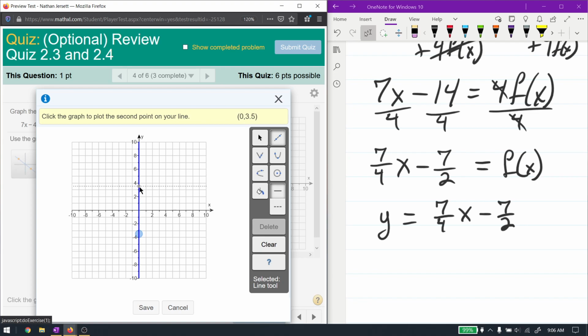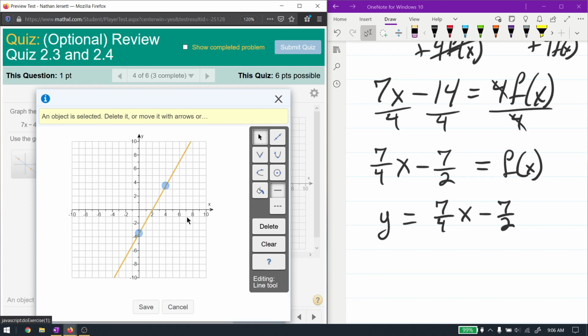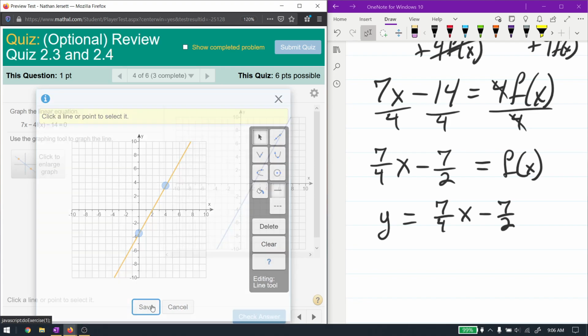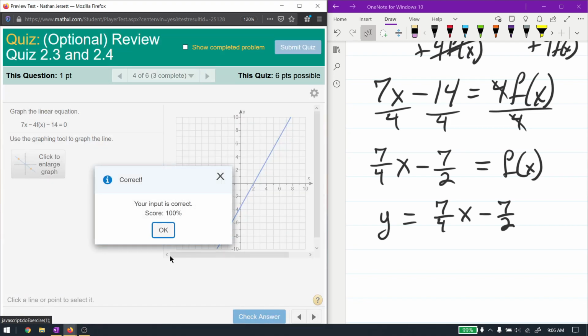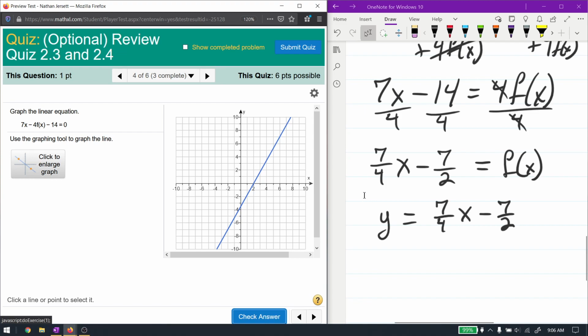And then over 4, that one's easy. That's just going to be at the 4. So 4, positive 3.5. That should be the line they're looking for, and that's correct. In this case, you could use the intercepts, whatever you want to do. I just wanted to show you a different method of solving it.